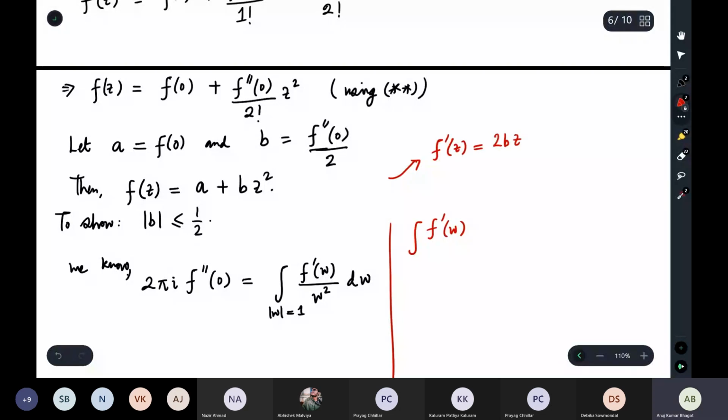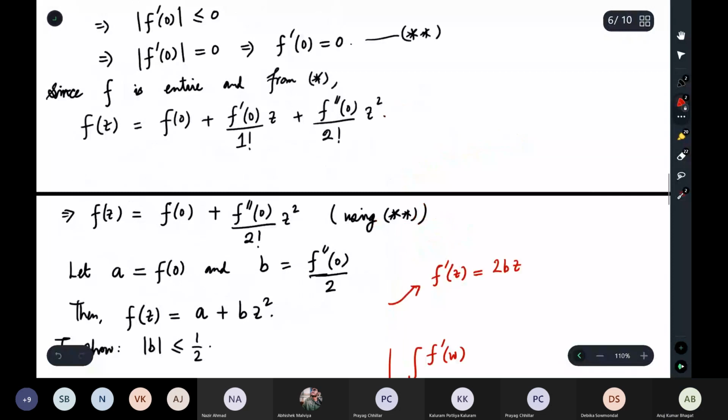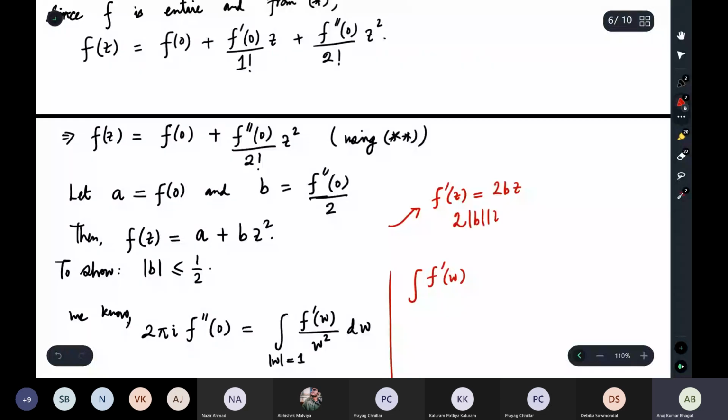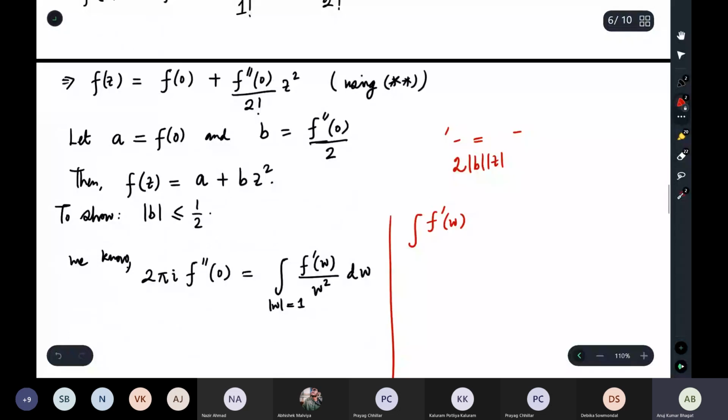Yes, sir, and you are asking me to put it there. Okay, so that means 2 modulus b modulus, acha, he's right, correct, that's good. Okay, so I was using more brain, maybe I did not consider this. That's a very good observation.